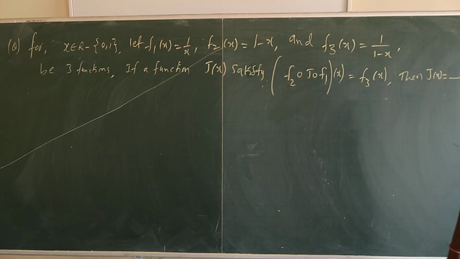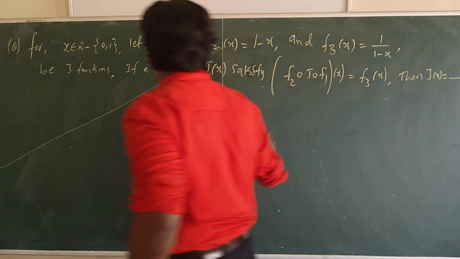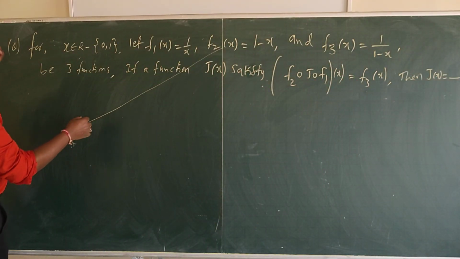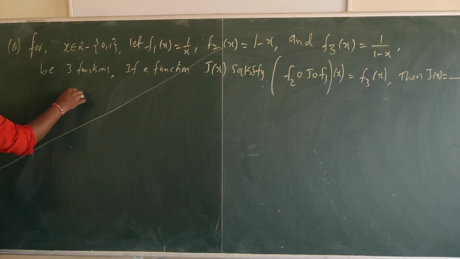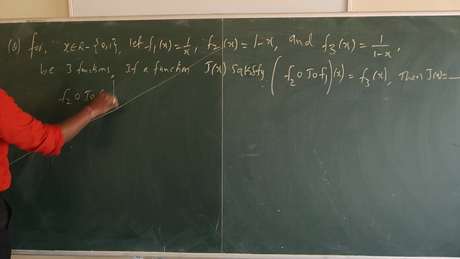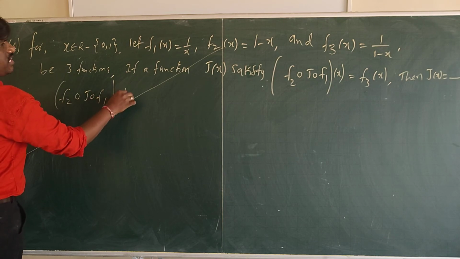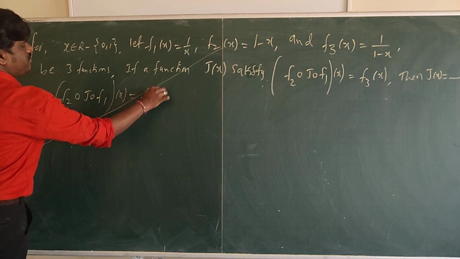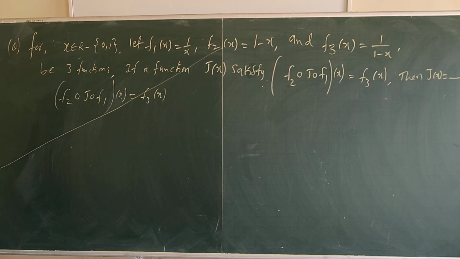Now listen here. We will take this one. This is the composite function. F2 circle G circle F1 of x is equal to the given f3 of x. Look here, the circle should be broken.